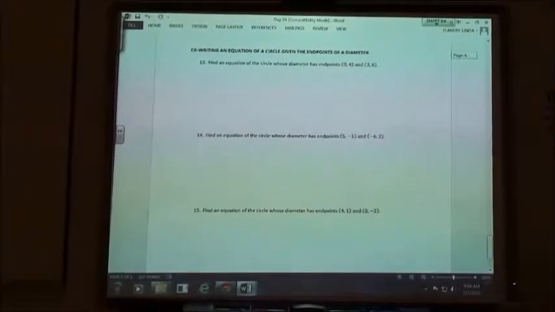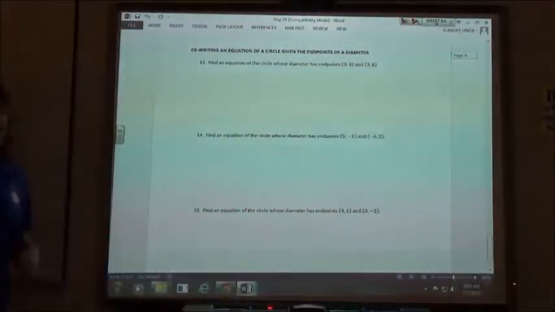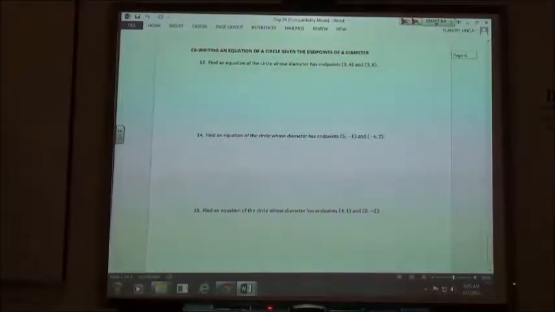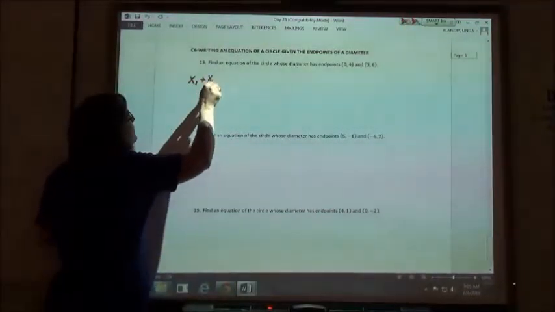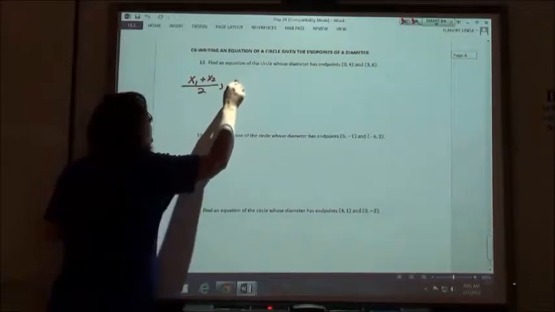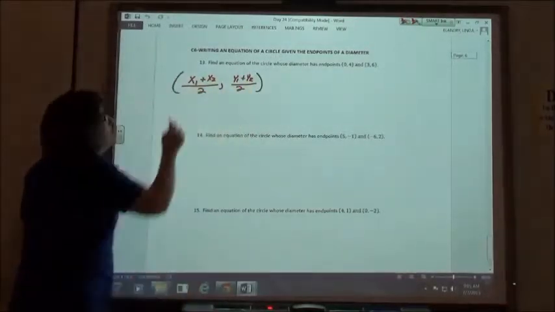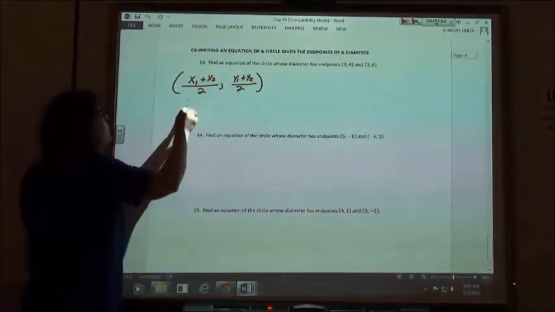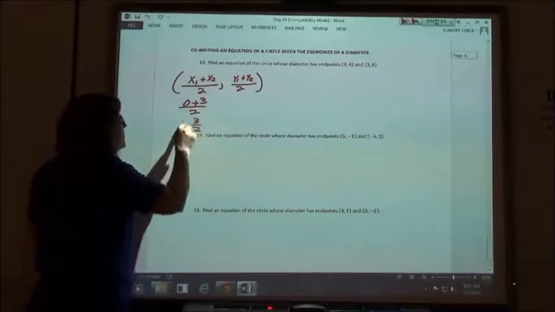And the last three on this page, we want to write the equation of a circle given that we know the endpoints. Well, if we know the endpoints, we can find the center of the circle by using the midpoint formula, right? Midpoint formula says that we add our x's and divide by 2 and add our y's and divide by 2. So I'm going to have 0 plus 3 divided by 2, which gives me 3 halves.